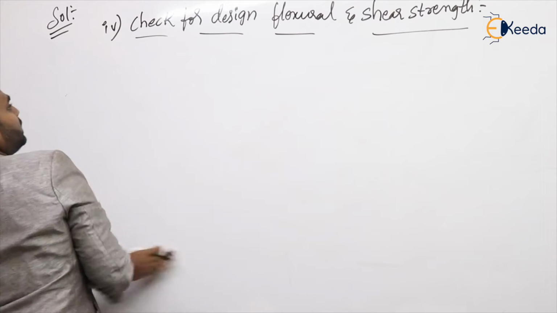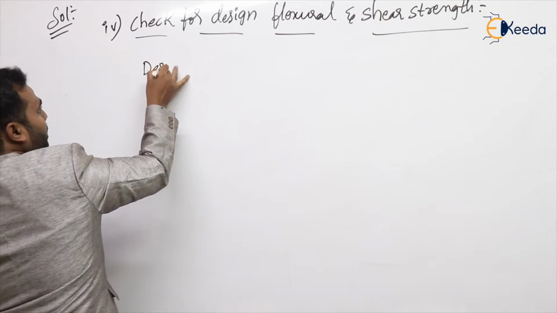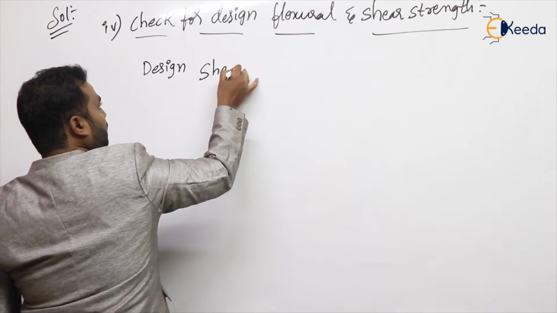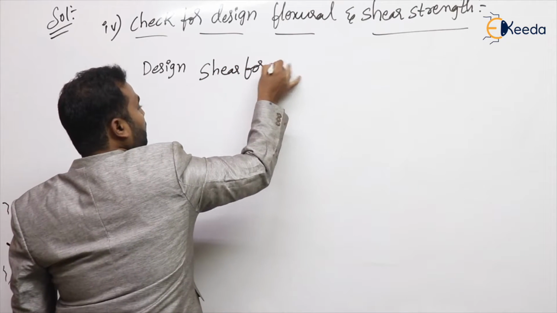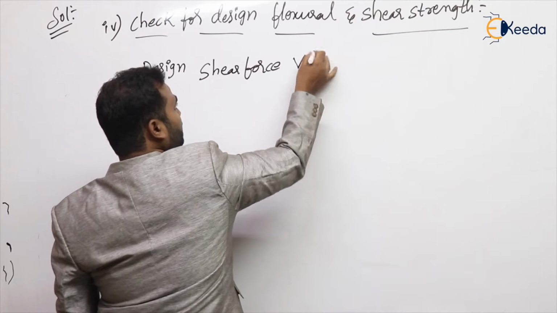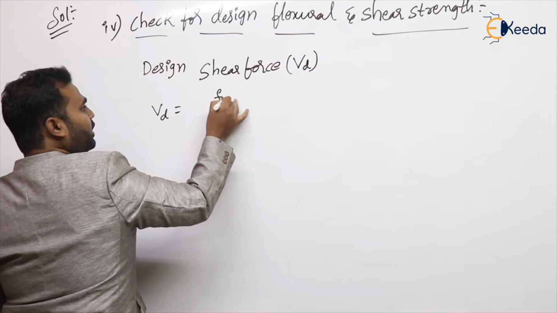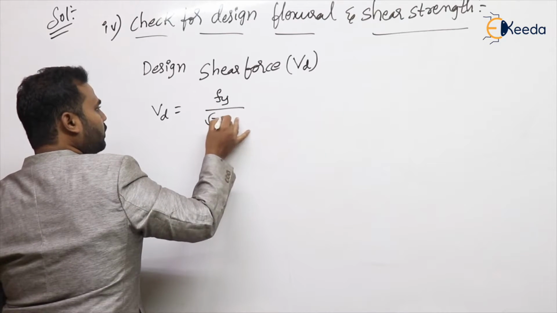So first, design shear force. We represent design shear force with VD. VD is nothing but Fy by root 3 into 1.1.